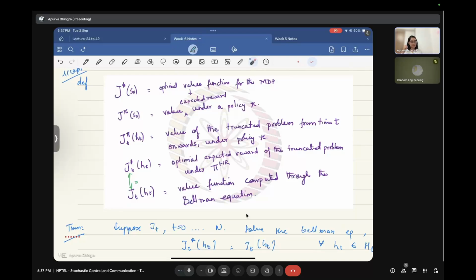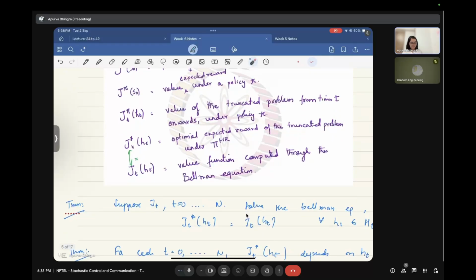Point being, just like the previous case, when we talked about jt just being dependent on state, here j's are dependent on the histories, and these two end up being the same thing. This is the first point: whatever we have as the DP version of jt of ht, once optimized, is the optimal value, and it gives us the optimal policy starting from time t till n minus 1, and then one by one things get added on.